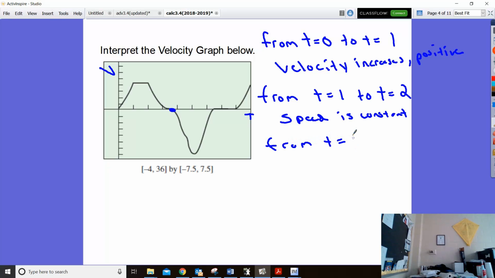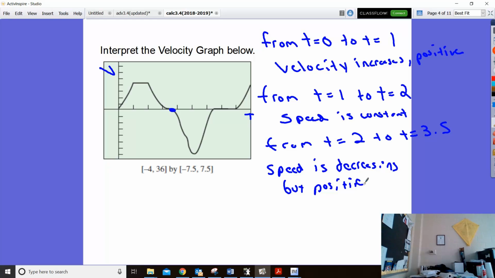From t equals 2 to t equals 3.5, what can you tell me about the velocity? It's decreasing, but it's still positive. Why am I saying it's still positive? Yeah, that's right. So speed is decreasing, but positive.